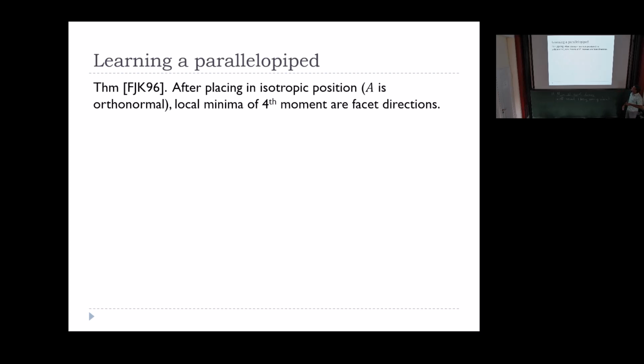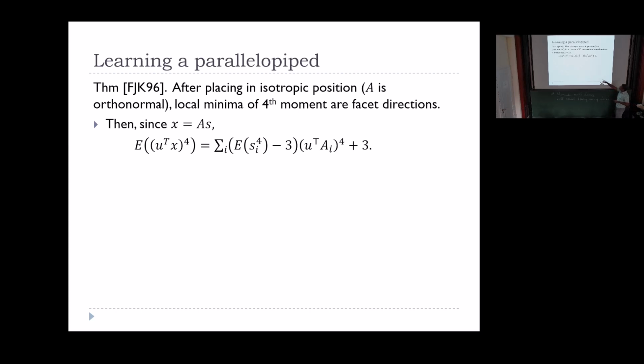Okay, so I want to convince you that this works. They say that after placing in isotropic position, the local minima of the fourth moment are in fact the facet normals. Why is that? This is the formula, that's all you need to see. The expectation, in any direction u, we can write as the difference between the fourth moment of the component distributions for the cube minus 3, a constant, times the fourth power of u transpose a_i, where the a_i's are the columns of A, plus 3.